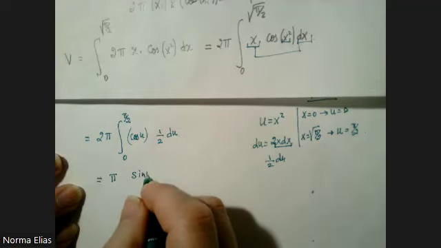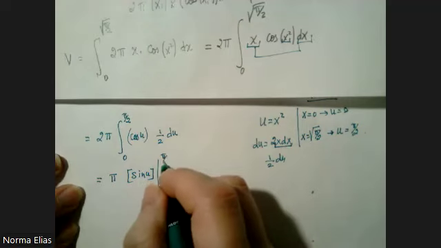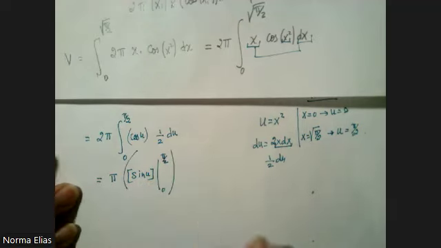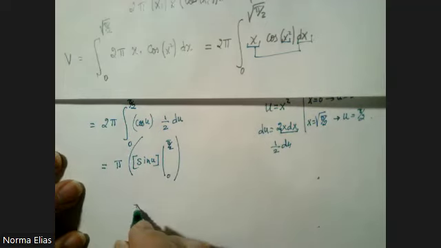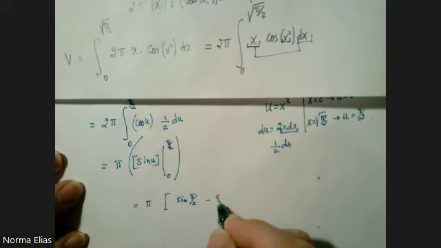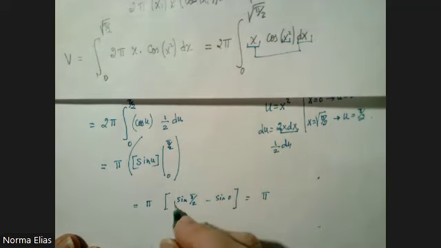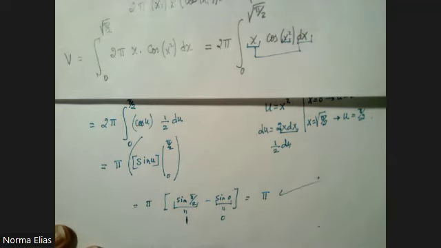Antiderivative of cosine is the sine, evaluated between 0 and pi over 2. So finally, I will get pi times the value at the upper limit. And now, since I changed my limits of integration, I don't really need to go back to x anymore. I am done. So this will be equal to pi times sine of pi over 2, which is 1, minus sine of 0, which is 0. So I will get equal to pi.